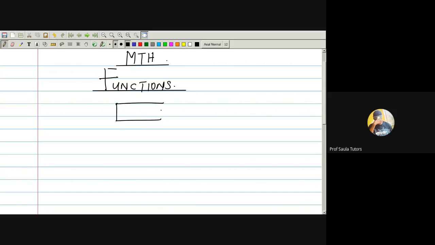A function is like a machine whereby whatever you input into this machine, this is your input, will give you your output, which is f of x.